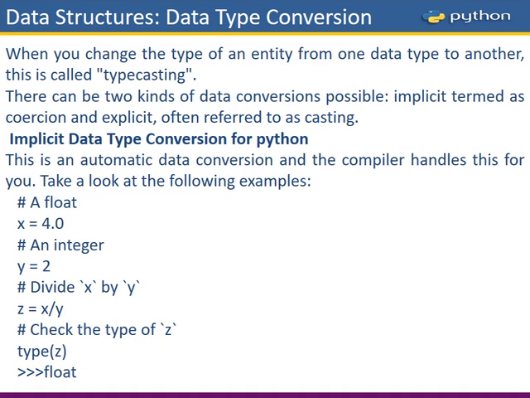Implicit data type conversion is an automatic data conversion, and the compiler handles this for us. So let's look at an example of how we use implicit data type conversion. We have a float, s equal to 4.0, and an integer, y equal to 2. We divide s by y, so we have z equal to s slash y.